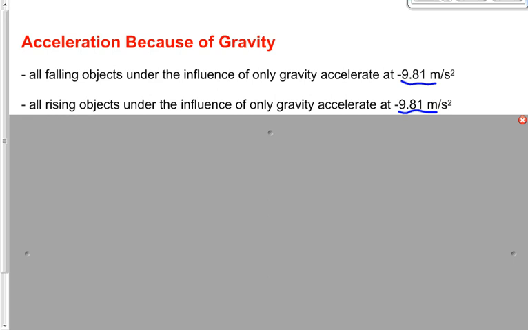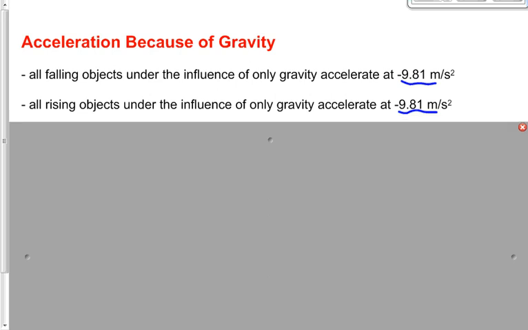If the object is falling, it's speeding up in the negative direction. If the object is rising, it's slowing down in the positive direction. Either one of those gives you a negative acceleration. Speeding up in a negative direction, or slowing down in a positive direction, they both give you a negative acceleration. So regardless, when an object moves through the air, it accelerates downwards.